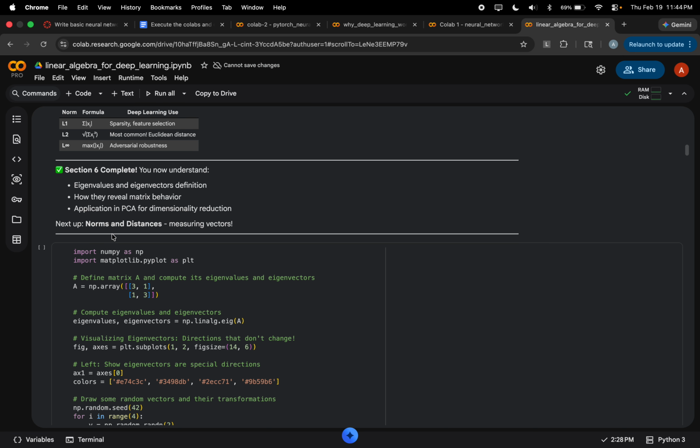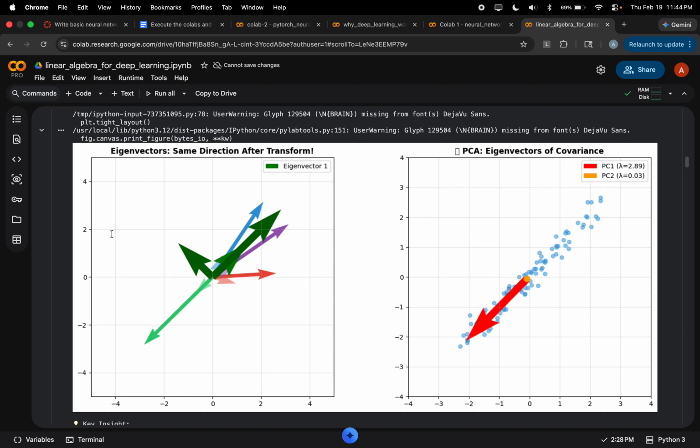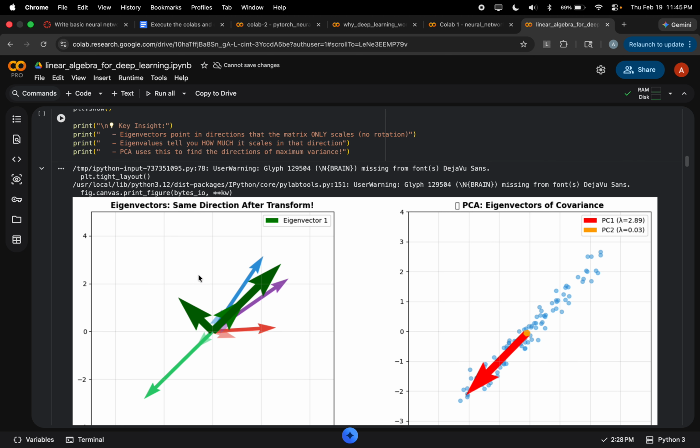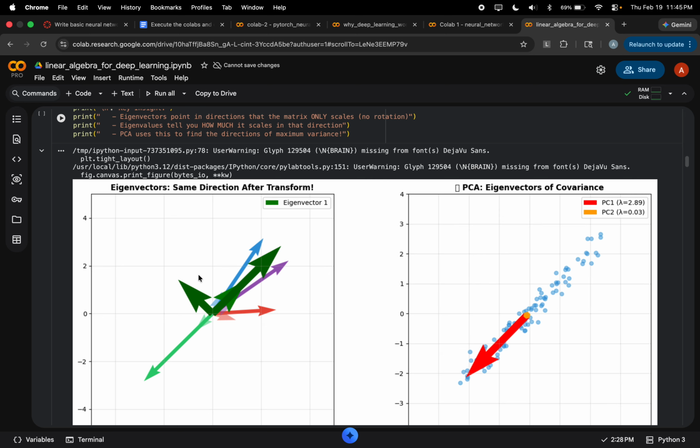Now let's move to eigenvalues and eigenvectors. Eigenvectors point in directions that the matrix only scales. So along with the values, it also gives you the direction in which the matrix is scaling.